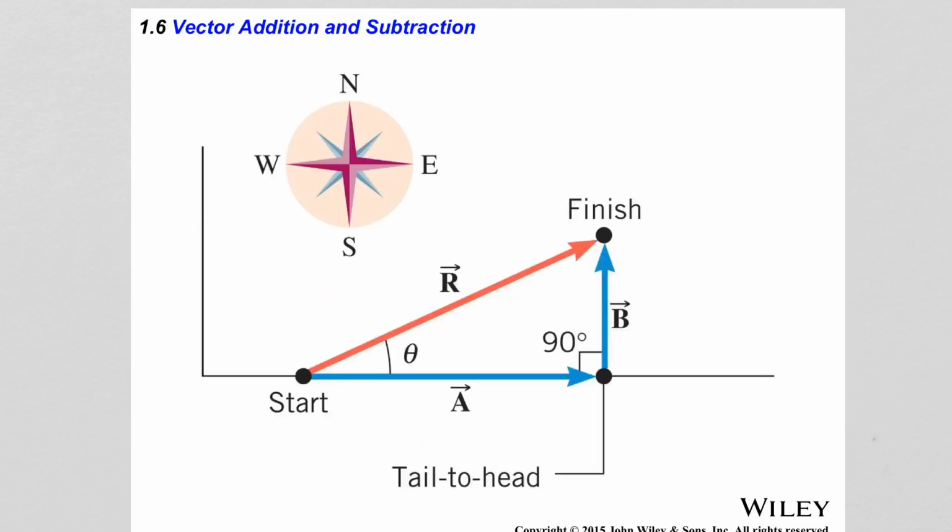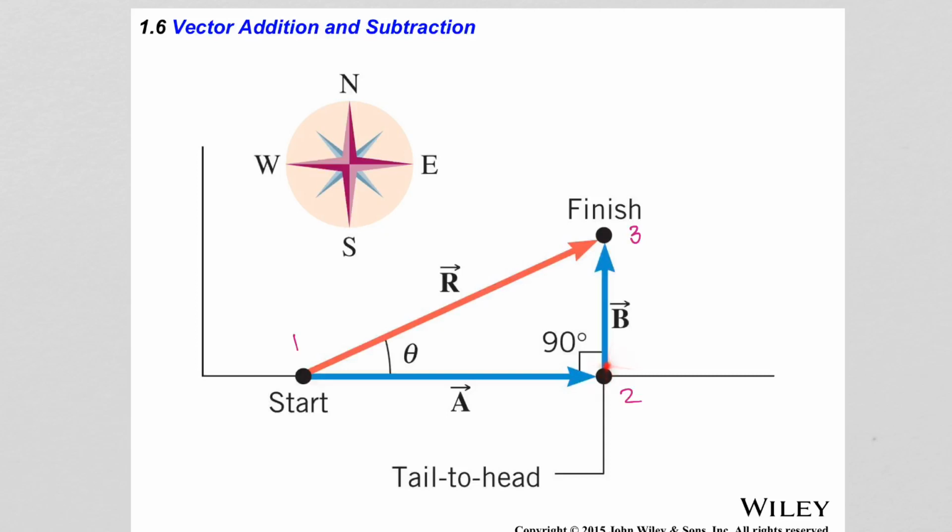And now here is an example of a situation where the two displacements A and B are not collinear, they are not along the same line, they are not parallel to each other. They are perpendicular to each other. The same tail-to-head rule applies though. So this object starts to displace from position 1 to position 2, and the displacement vector is vector A. And then the object displaces from position 2 to position 3, which is the final position.